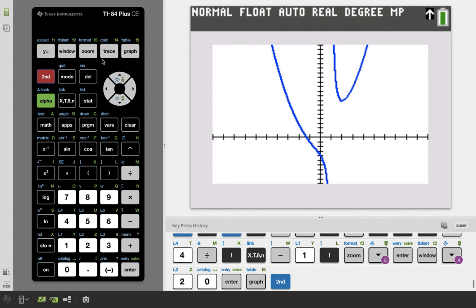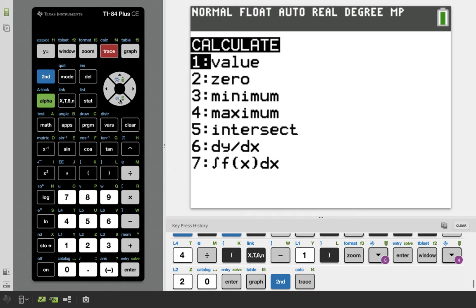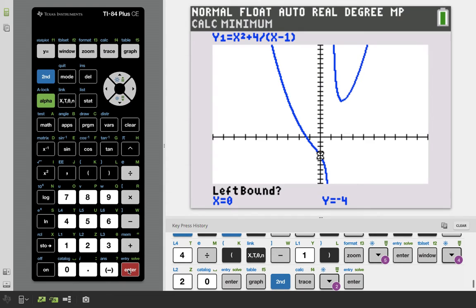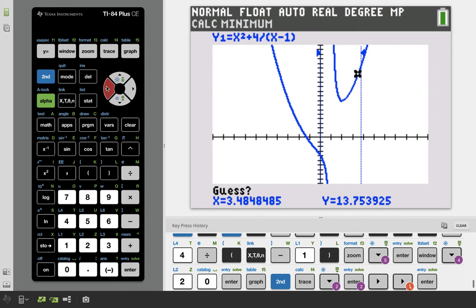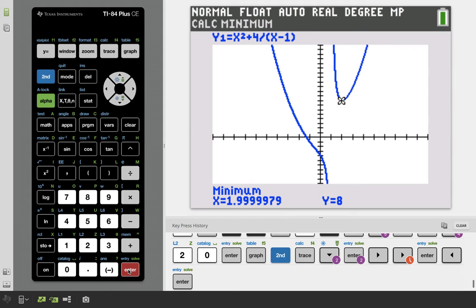So if I did a second calc, min, left bound, whatever, right bound, ooh, guess, ooh, that's odd.